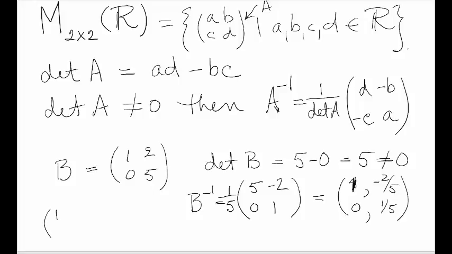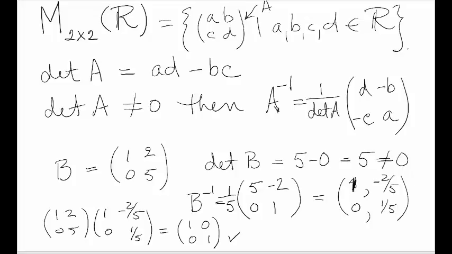Let's just check ourselves. 1, 2, 0, 5 times 1, negative 2/5, 0, 1/5. And we get 1. And then we have minus 2/5 plus 2/5 is 0. Then we have 0 plus 0 is 0. And we have 0 plus 1 is 1. So we do get the identity matrix, and we know that these two matrices are inverses.